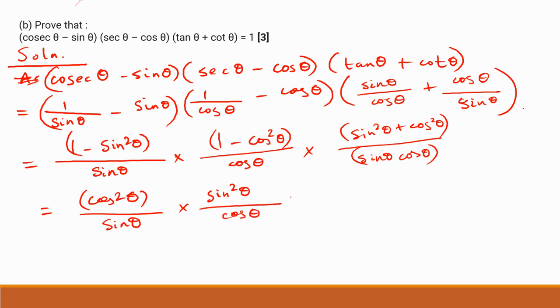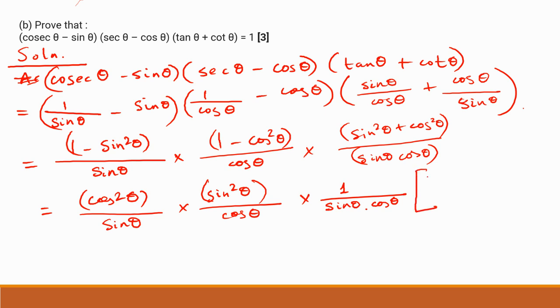Because how we get it is sine squared theta plus cos squared theta equals 1, right? This is an identity. I hope you know it. If you don't know it, please remember it. Sine squared theta plus cos squared theta equals 1. It is there in the trigonometry chapter. So here sine squared theta plus cos squared theta, we know it's 1, and this is sine theta times cos theta.